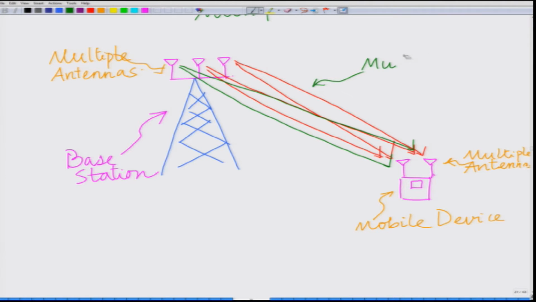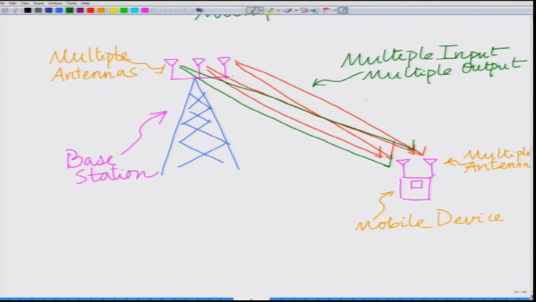This is a multiple input multiple output, that is basically a MIMO channel.